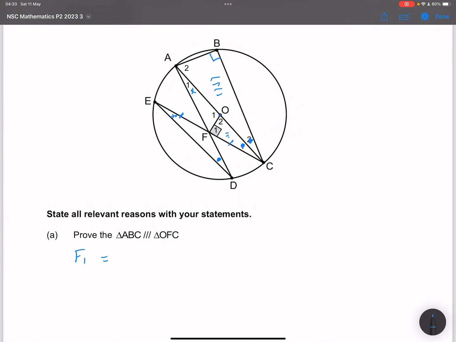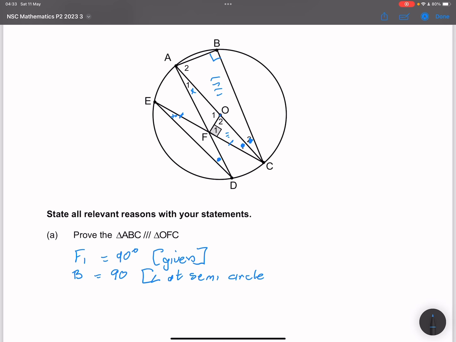That's given. And that means that also angle B is 90 degrees, because it is the angle at the semicircle. Remember that AC is a diameter.